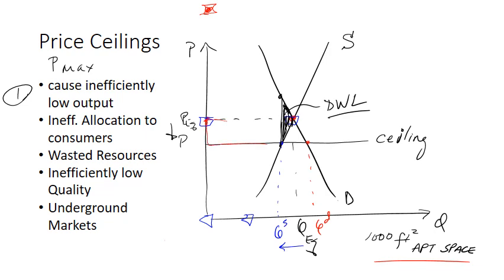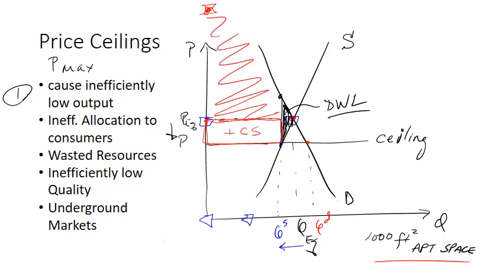This rectangle, which used to be part of the producer surplus, is now going to get transferred to the consumer, and they'll add that on to their already existing consumer surplus. The producer is left with whatever they previously had, minus the transfer. So effectively, a ceiling is sort of like a tax on producers that distributes that economic surplus to consumers.